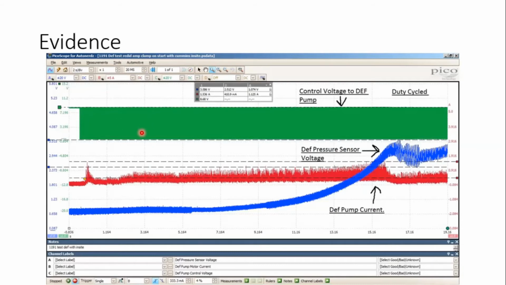If the pressure drops, it'll ground it more. If the pressure stabilizes, then it doesn't need to ground that signal as long. Okay, so I hope I explained that the best I could, but that's how this system operates. So let's go to the next slide.